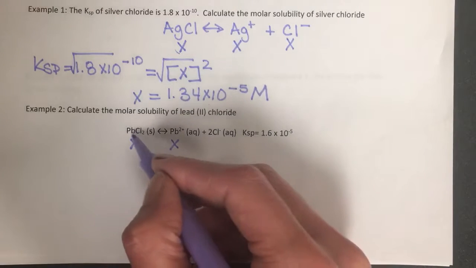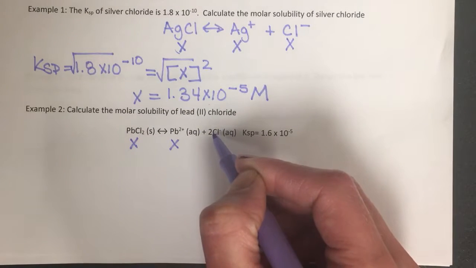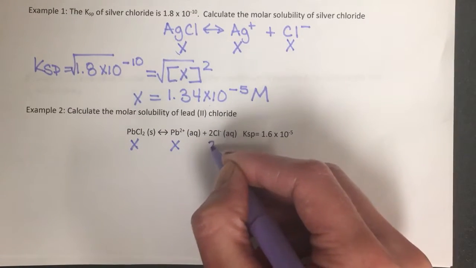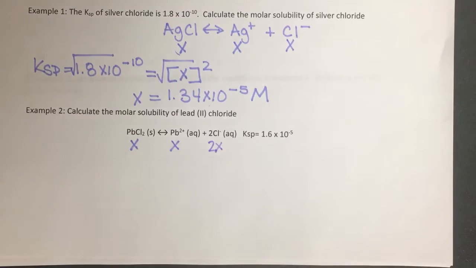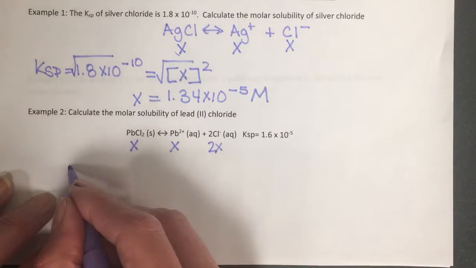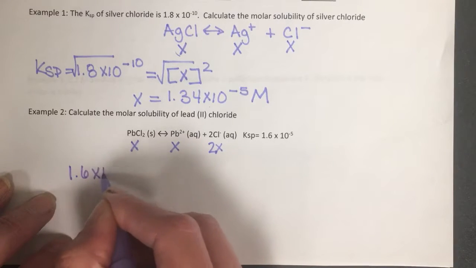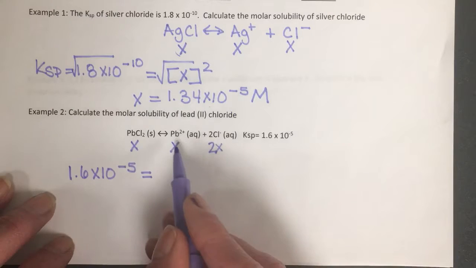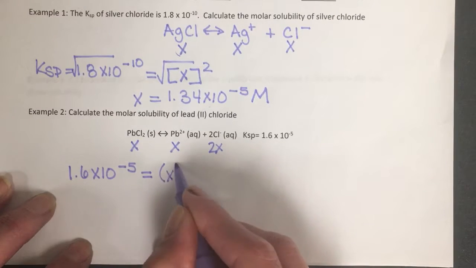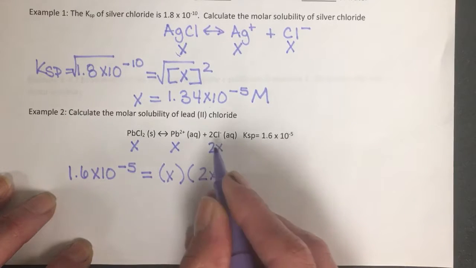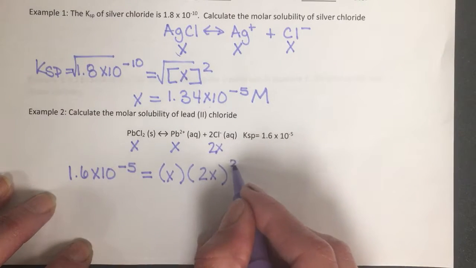But it's a 1-to-2 ratio of PbCl2 to Cl-, so that'll be 2x. If I look, Ksp was 1.6 times 10 to the negative 5th. This is equal to x times 2x raised to its coefficient, so squared.